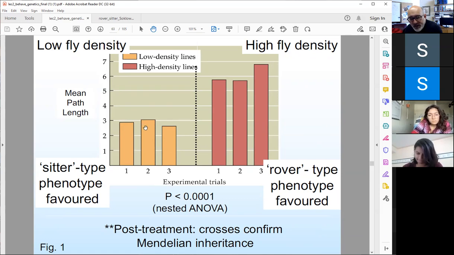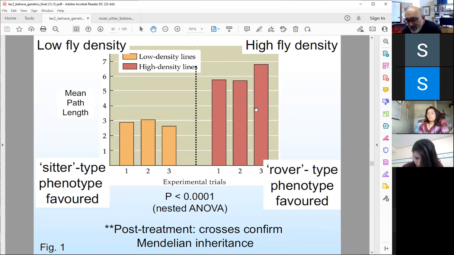The mean path length is much shorter, consistent with that sitter phenotype. And in the high density scenario, we see that the mean path length is much higher, indicating that the rover type is favored under those situations.